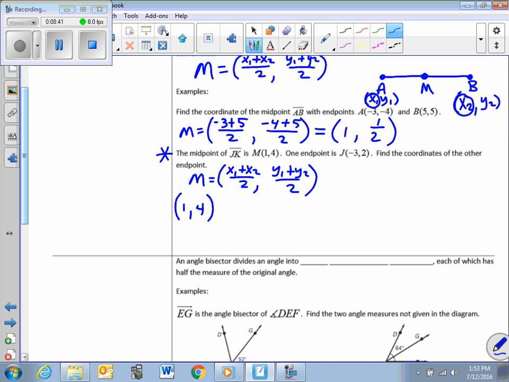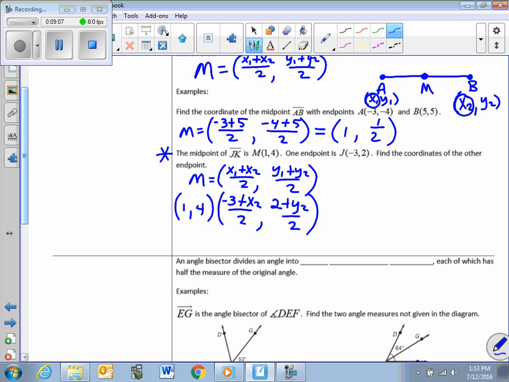It's 1, 4, and I know one x and one y. So I'm going to have -3 plus the other endpoint over 2, and I'm going to have 2 plus y sub 2 over 2. Take a minute there if you got stumped on this and see what I did. I wrote my formula and then I simply plugged in the information that was given.